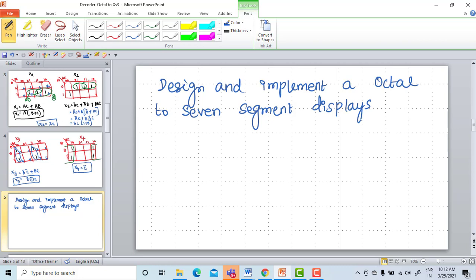Okay, 7 segment display. Design and implement octal to 7 segment display. Okay, so for the 7 segment display, only the first 8 numbers of octal, because if we go ahead then it will be complicated.